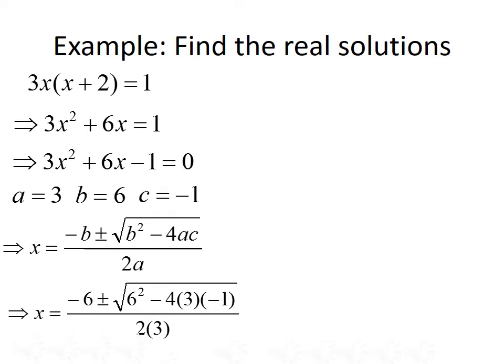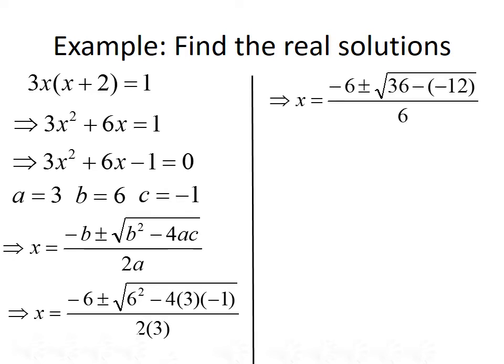So let's go through and start simplifying this. First, I'll simplify the exponents and multiplication. Simplifying the exponents and multiplication, we'll get negative 6 plus or minus the square root of 36 minus negative 12, all divided by 6. If we complete the addition underneath the square root sign, that'll give us negative 6 plus or minus the square root of 48, all divided by 6.